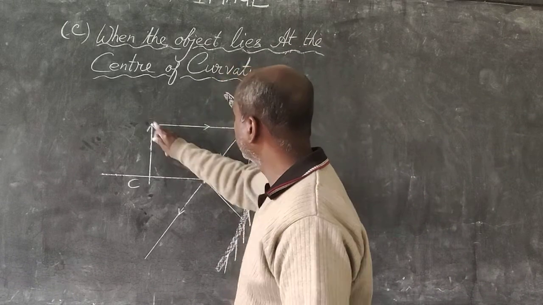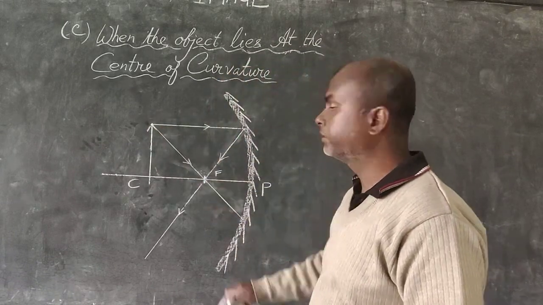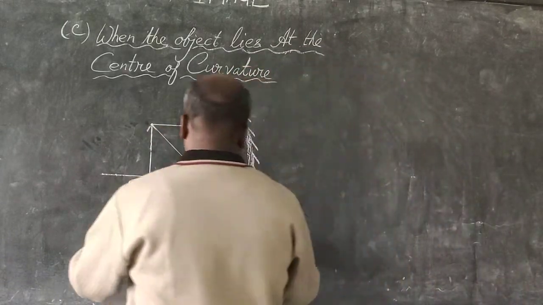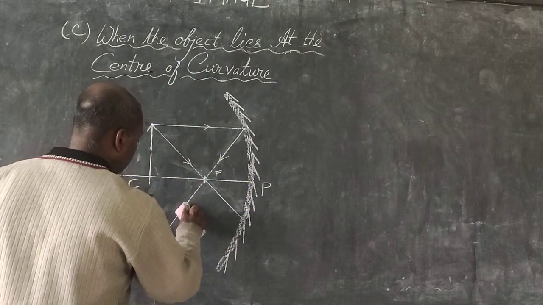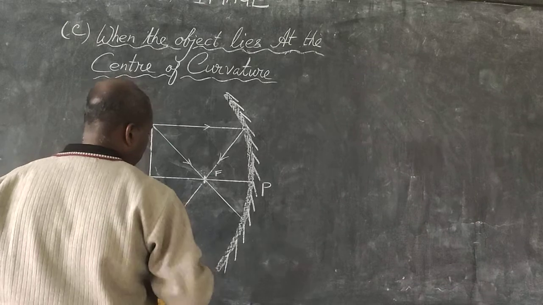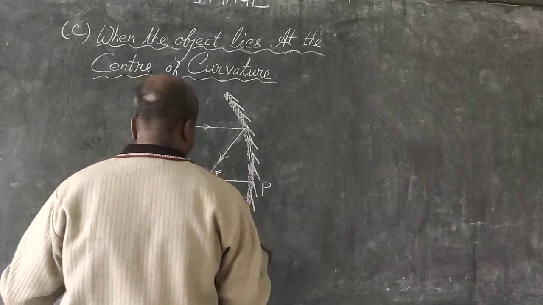Okay, this is the incident ray coming towards the mirror after passing the focus. After it crosses and hits the mirror, it will reflect.